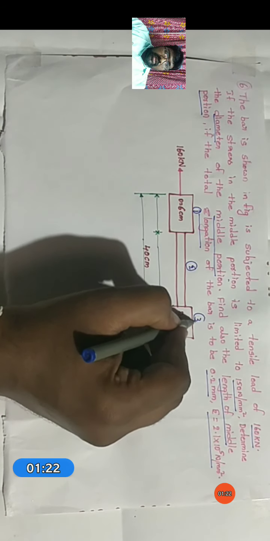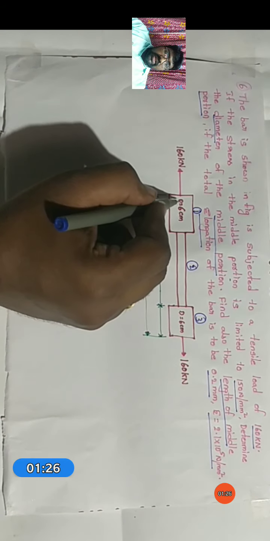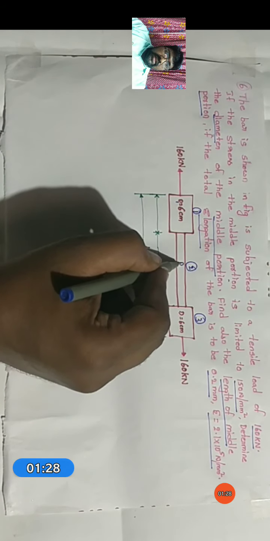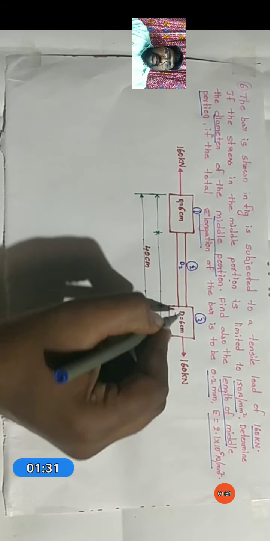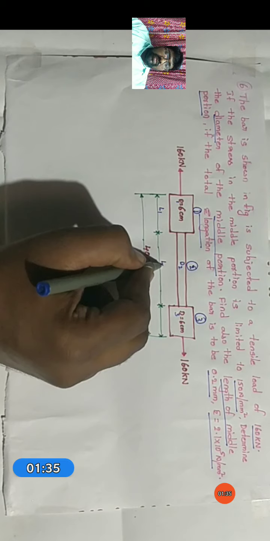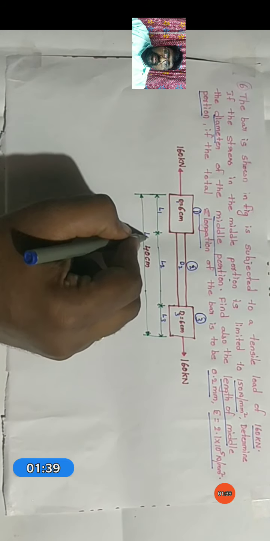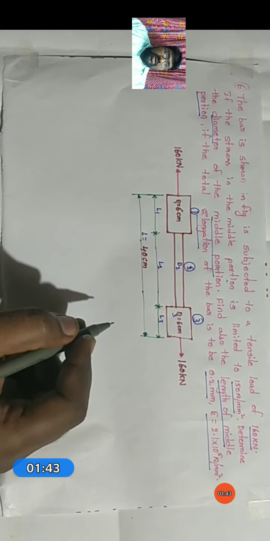For the third section the given diameter is also 6 centimeters. Here sections 1 and 3 are similar. That is L1, L2 and L3. The given total length of the bar is 40 centimeters.